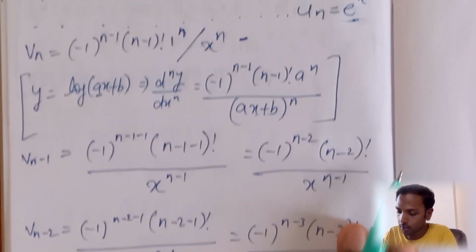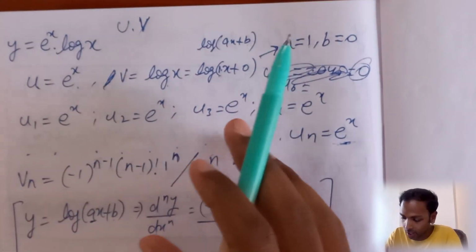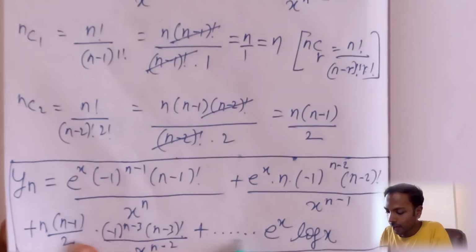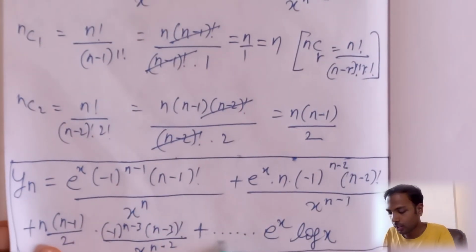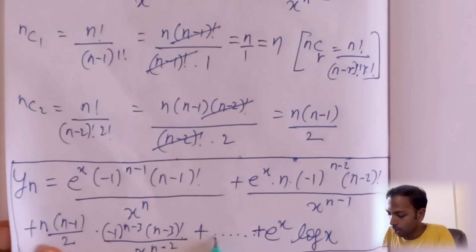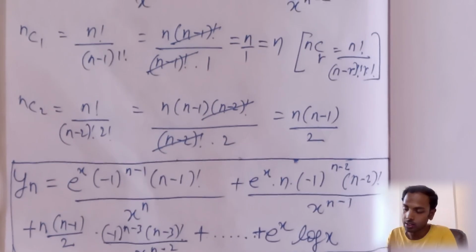But in this problem, none of the u's were turning 0. So if you encounter this case, your final answer can have this kind of generic representation with dotted things. I'm so sorry, we need plus here as well. You can have this dotted representation to just represent the series.